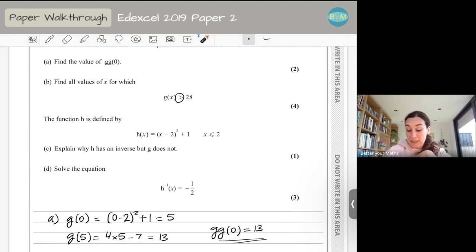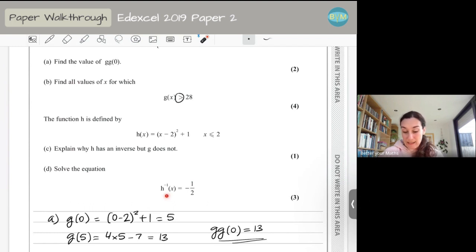There is a very, very simple way, and they are not asking you to find the function. They are not asking you to find h minus 1 of x. They are just asking you to find the value of x that gives you h minus 1 equal to minus a half. So I hope you're thinking of the easiest way of doing that.